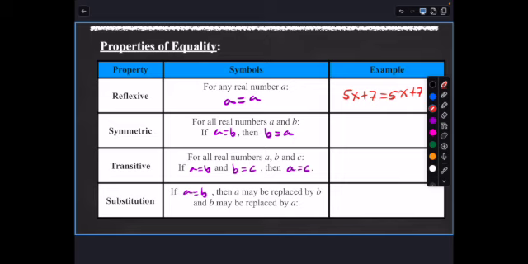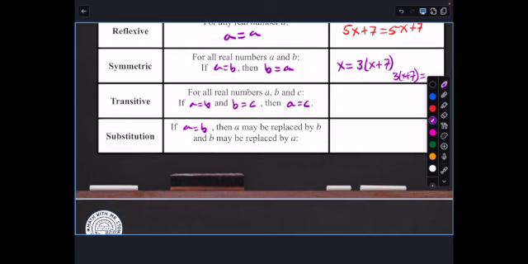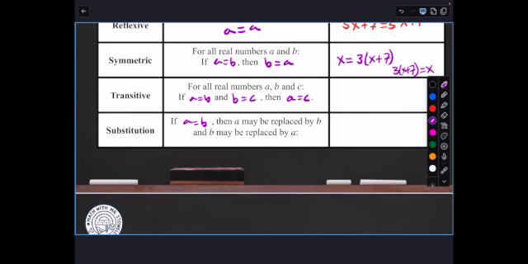Okay. Here's symmetry. Let's say we have x equals 3 times x plus 7. Then if you see 3 times x plus 7 equals x, that is symmetry. Right? They are just in opposite positions.